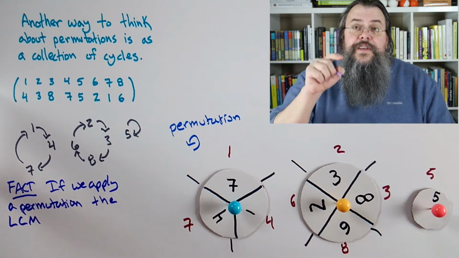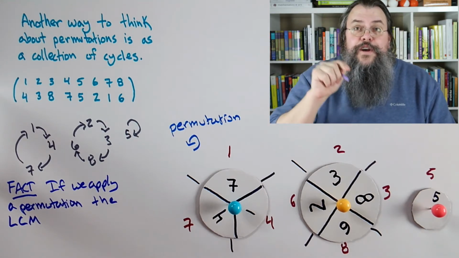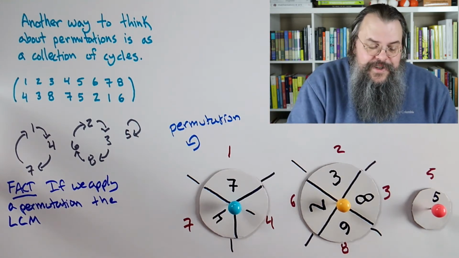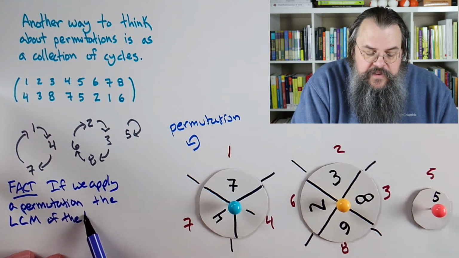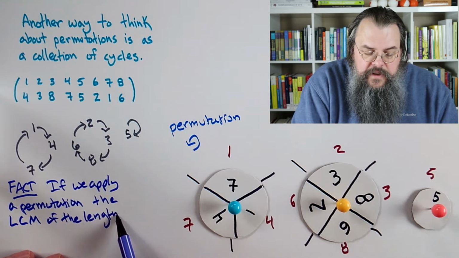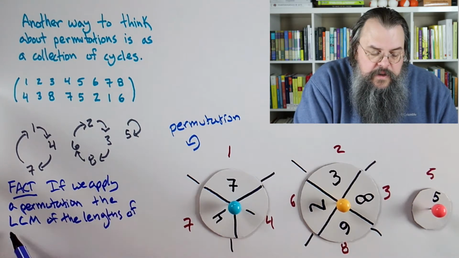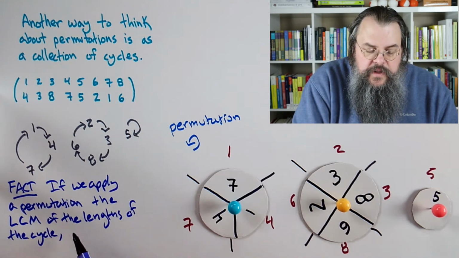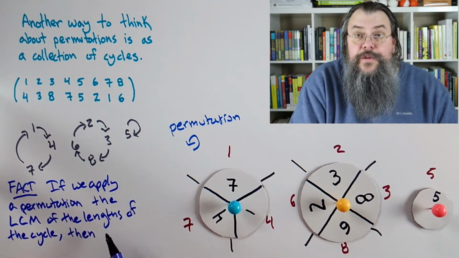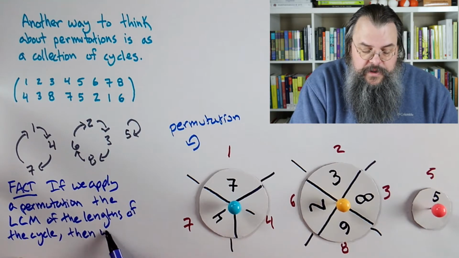LCM stands for least common multiple. The least common multiple of the lengths of the cycles. Then what will happen is we're going to get back to normal. In other words, we're back to the original order.